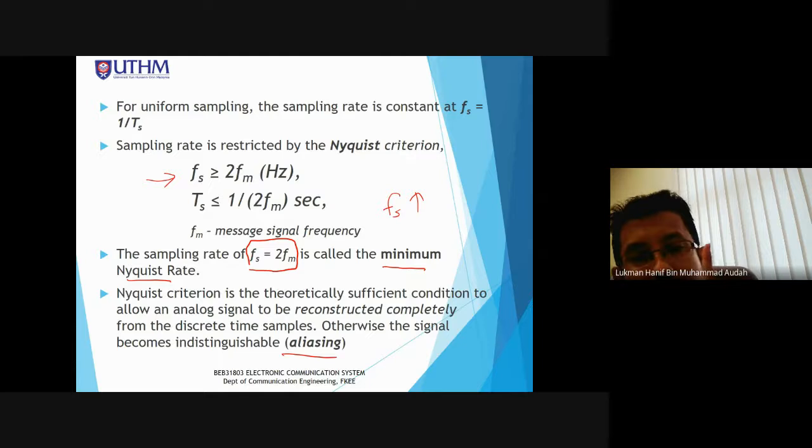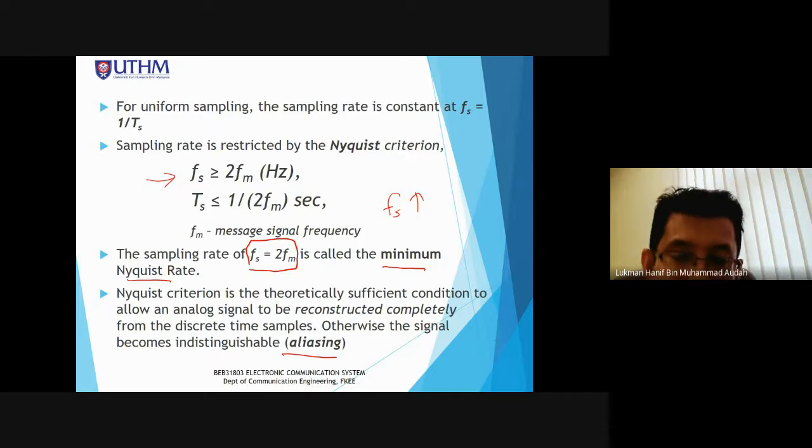Remember, kalau sampel itu diambil banyak kali, maka hasilnya akan lebih tepat. Kalau kita ambil sampel banyak kali, maknanya kita akan menghasilkan signal yang mirip dengan signal asal, lebih tepat.